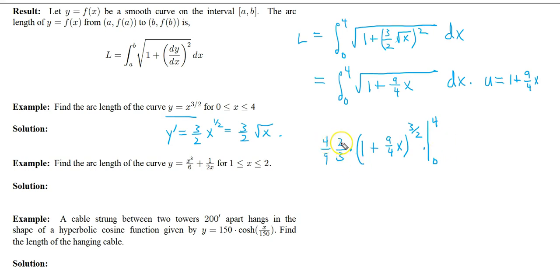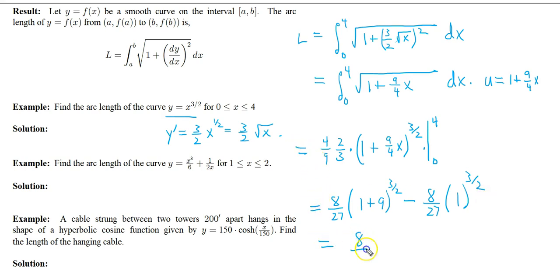So let's see, this is going to be 8 over 27. Now if I put the 4 in here for x, we get, then we need to put the 0 in here for x. And there we go, we get our answer.